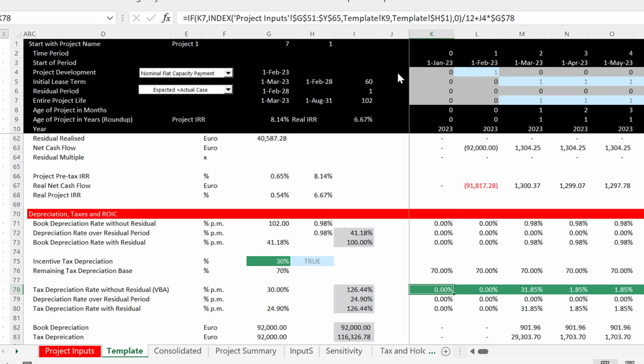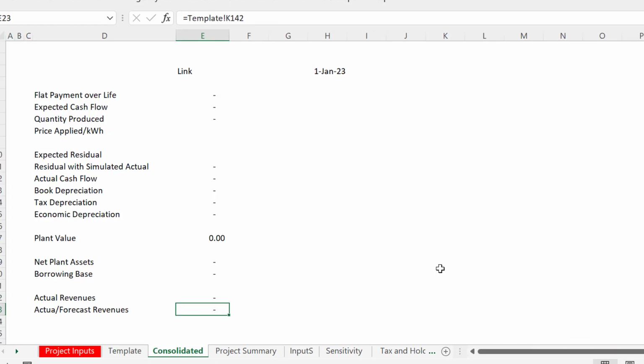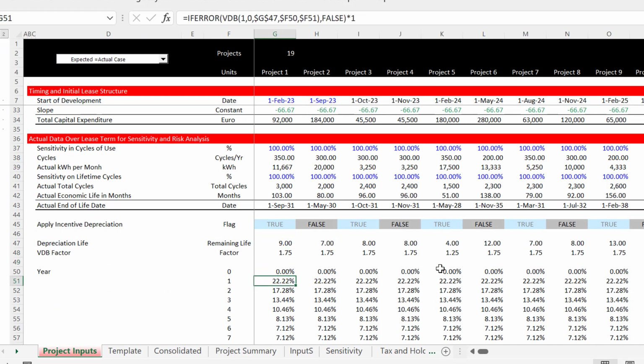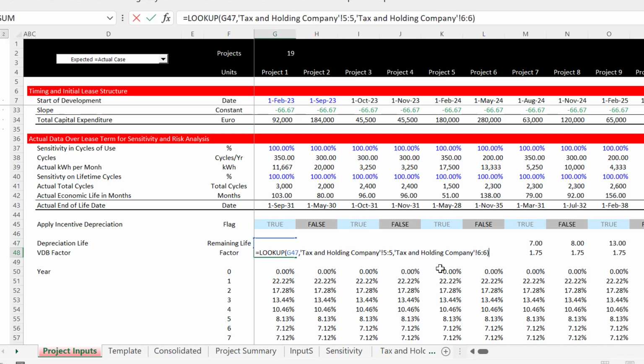Now let's understand this index. I'm trying to explain a little bit about some tax depreciation issues as well here. We have a 9-year life, a 7-year life, and then this is a little bit of a lookup.